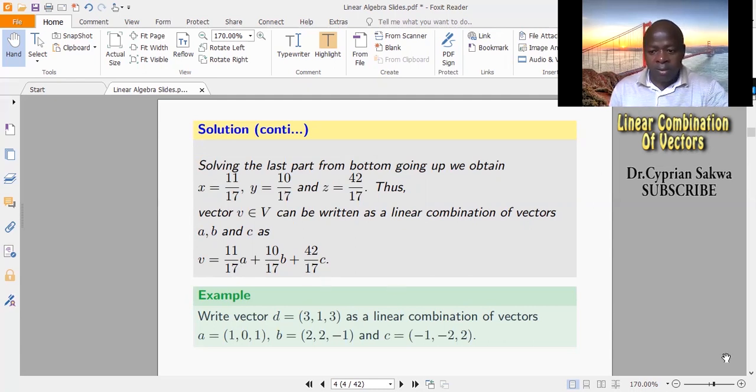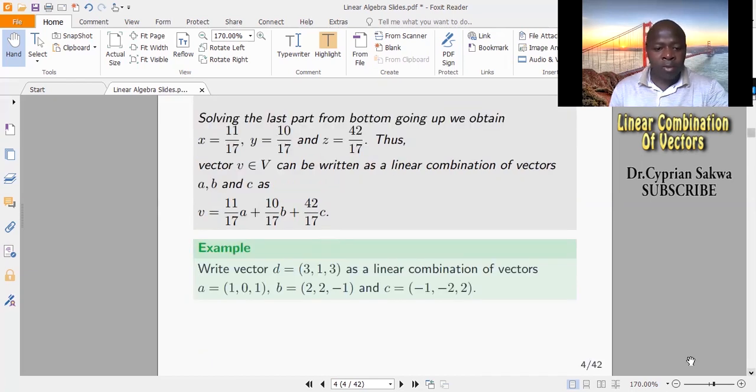Just as I said, we do various examples to make our work easier. So I want to look at another example here and see how to approach it. The question is, write this D as a linear combination of these vectors.